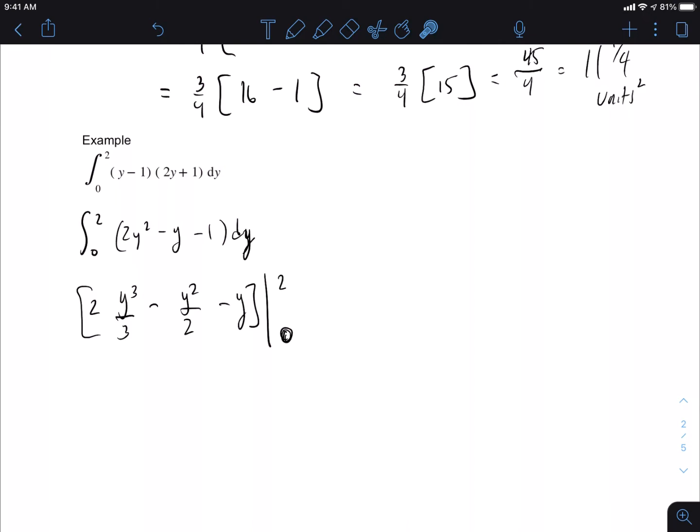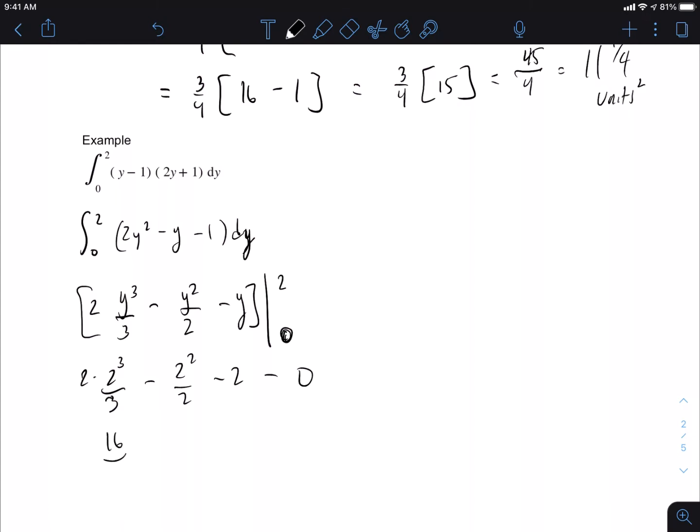Makes sense. Okay? So then when we evaluate, I'm going to get, well, I'll show you the steps. 2 times 8, I'll even be nicer. 2 times 2 to the third over 3 minus 2 squared over 2 minus 2 minus 0, right? Because 0 is going to just go.